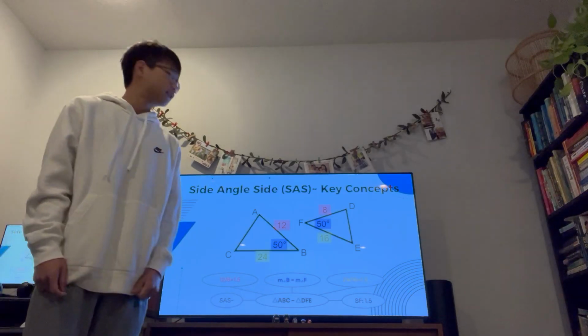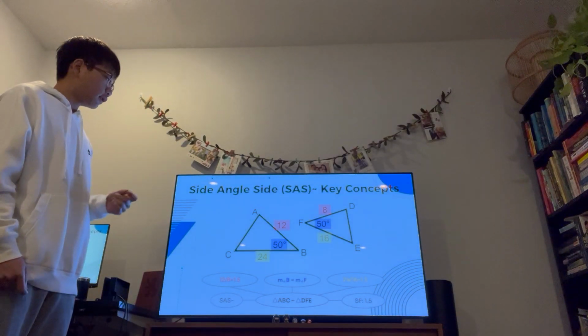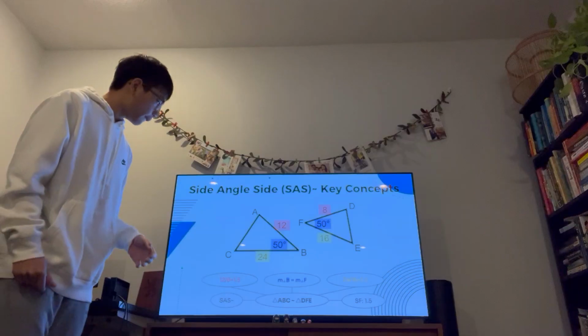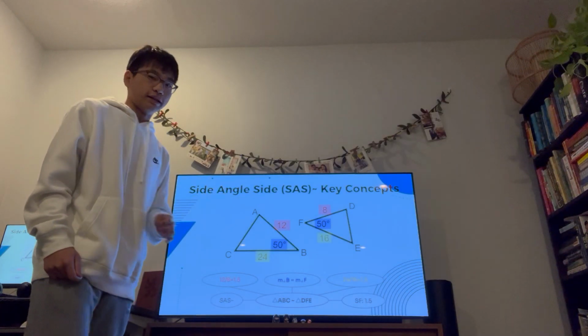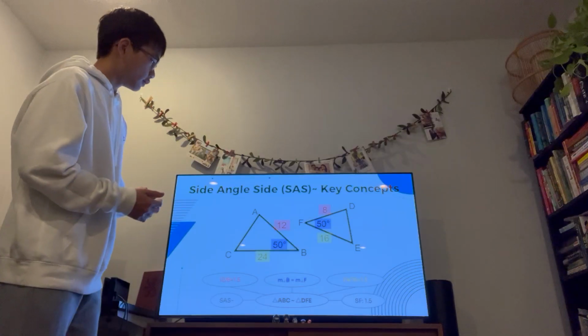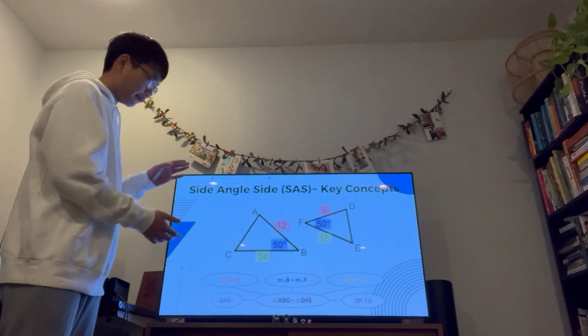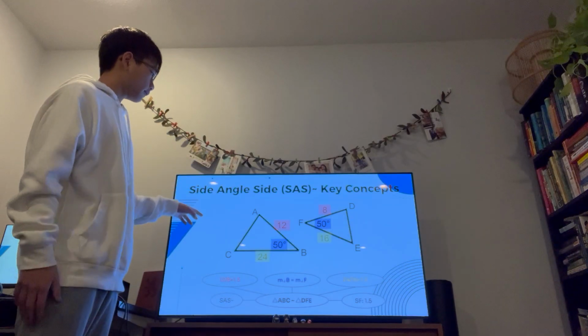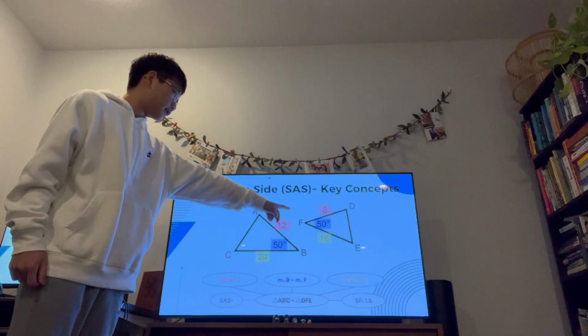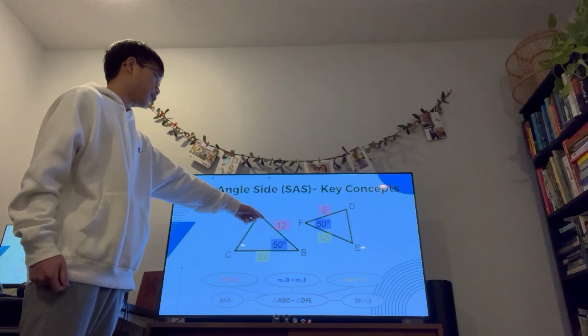So next is SAS, which is where we need two proportional sides and an angle in between. So we can have them in the same orientation by flipping this triangle. So we have 50 lining up with 50 here. So these two are congruent.